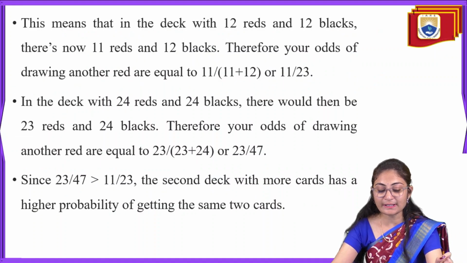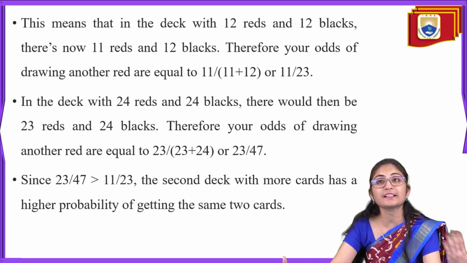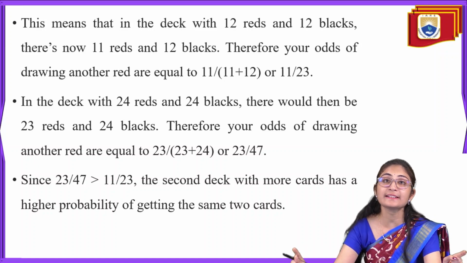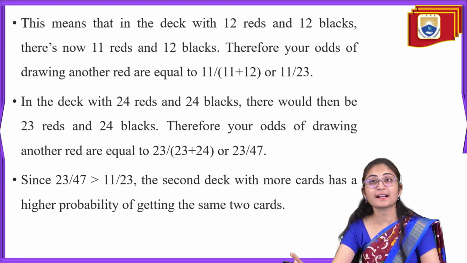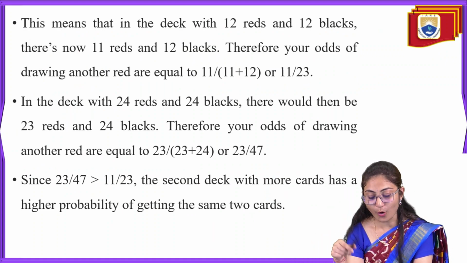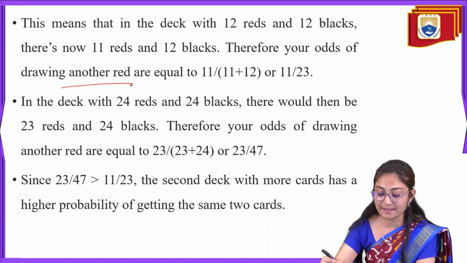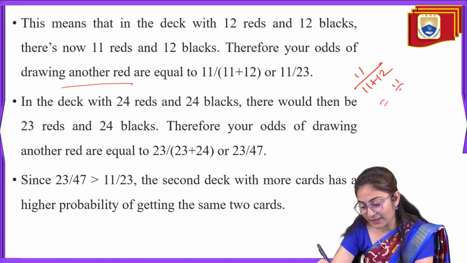Now let's say the first card you draw is a red. This means that in the deck with 12 reds and 12 blacks, there are now 11 reds and 12 blacks, since we have already drawn one red card. So your odds of drawing another red card are 11 by 11 plus 12, so we can say 11 by 23.